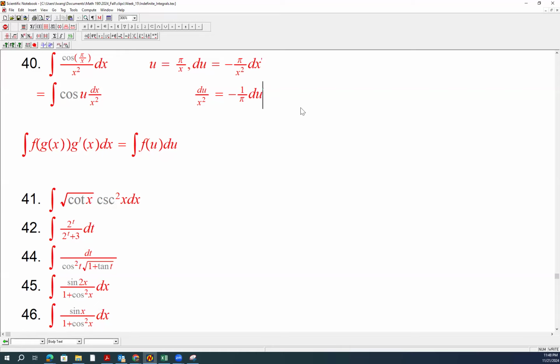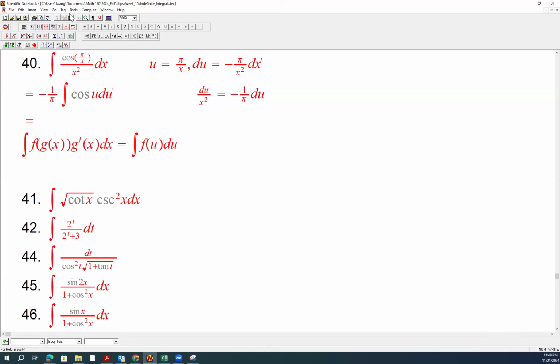So now we're going to substitute dx over x squared. That's going to be replaced by du, and negative 1 over pi, I'm going to bring it to the front. Right? So take our time. Don't try to write it down and break it into too many parts. Just this one entirely x, this one entirely u. All right.